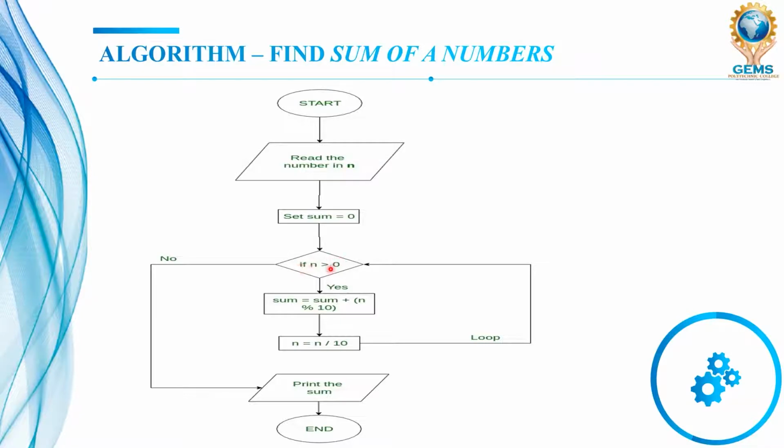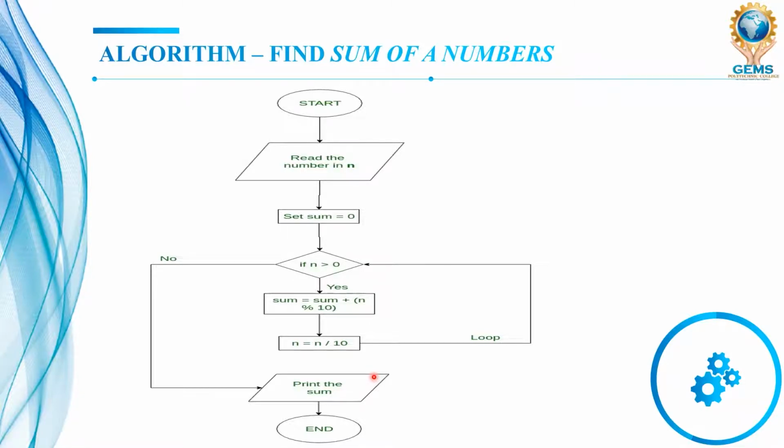Here we are checking a condition: if n is greater than 0, if this condition is satisfied, then we go ahead, else we come out of the loop. So sum equals sum plus n modulus 10, then n equals n divided by 10, then print the sum. This way our program will work.